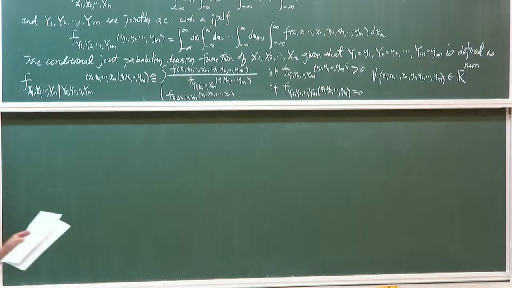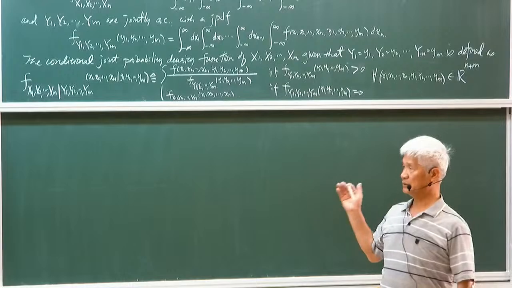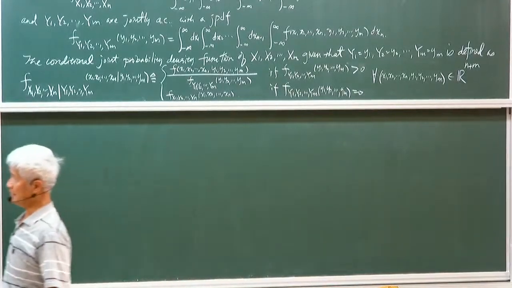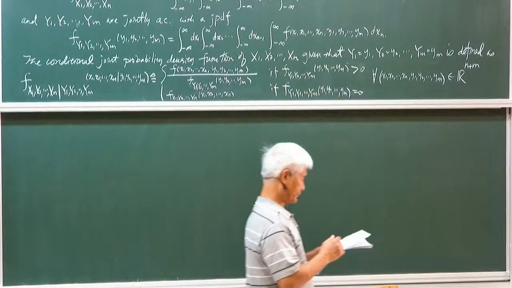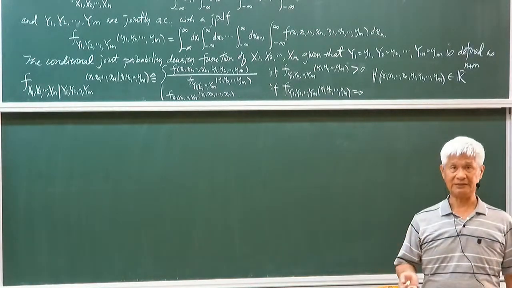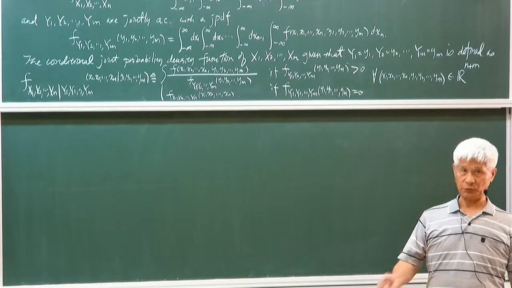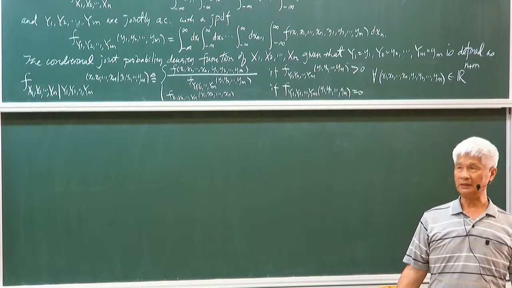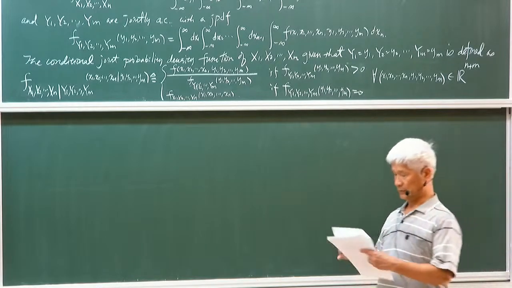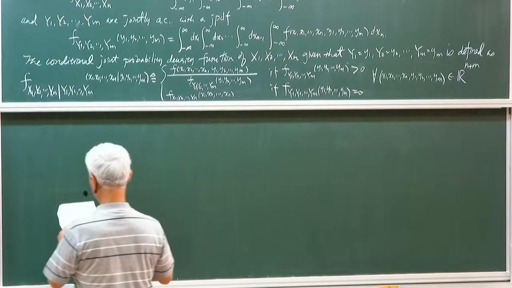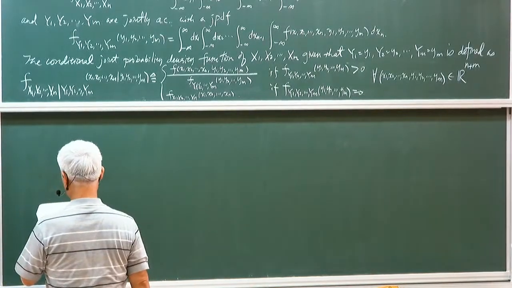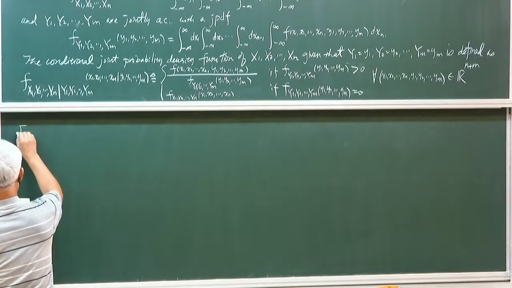Of course, we know in the two random variable case that the definition of conditional joint PDF is useful to compute the probability of events described by X random variables, as well as by Y random variables. Specifically, before that, we use the conditional joint PDF to define conditional probability.